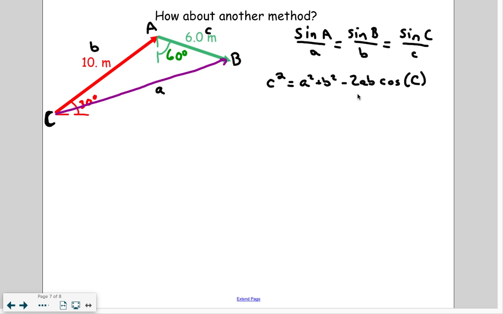Then I have this extra little piece added on, 2ab, which is these same two here, and cosine of C.